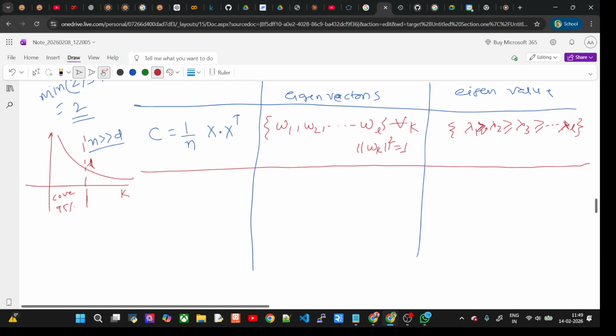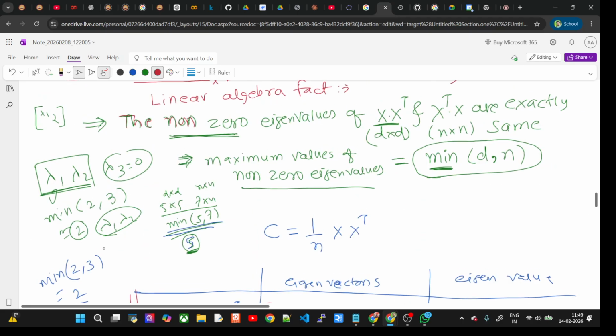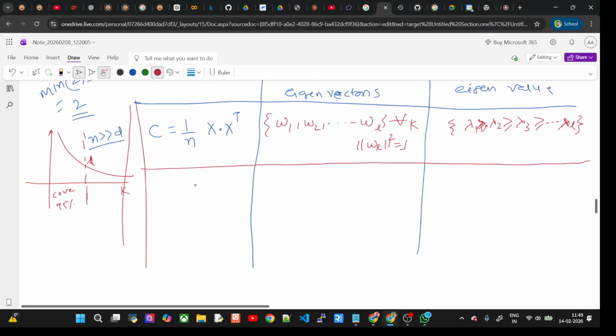In the second case, now if I put this here, I am doing nC equal to x into x transpose.